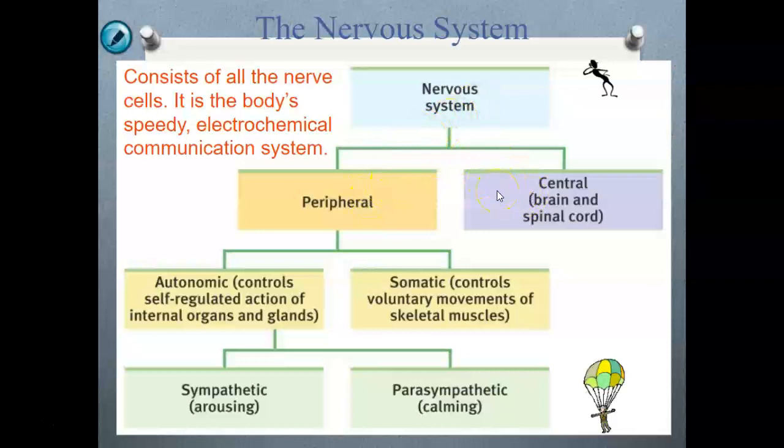It's very simple, even though it's complex in itself, but there's not a lot that goes under it. Your peripheral nervous system, however, gets a little bit more complicated. It's divided into autonomic and somatic. Autonomic, I want you to think about things that are on autopilot in your body.